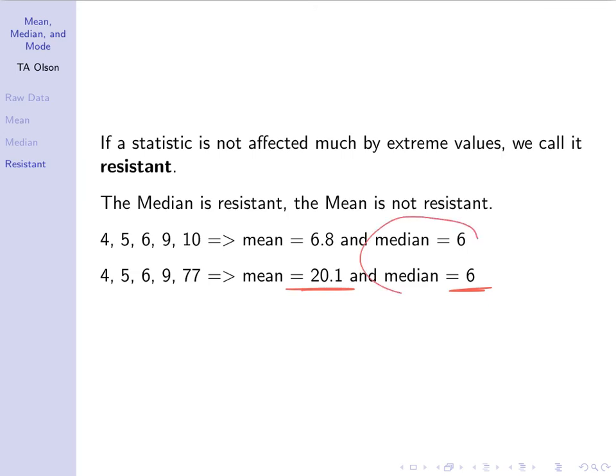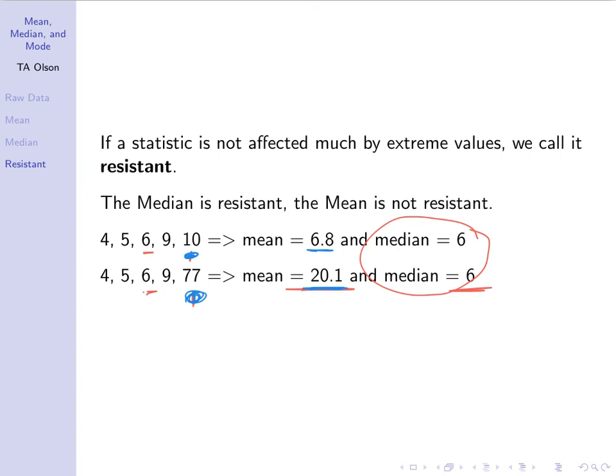The median didn't change in this case at all by changing the size of this data point. As far as the median is concerned, the only thing that we care about is whether points are above or below it. The mean changed from 6.8 to 20.1 because 77 is a very large number to add in to our data points, whereas 10 is pretty similar.